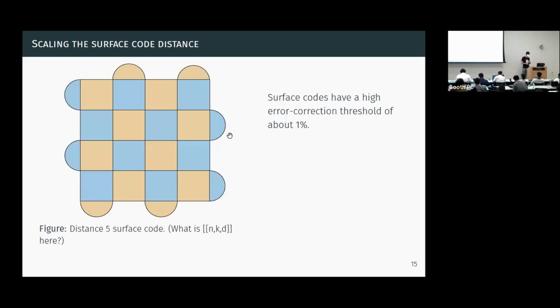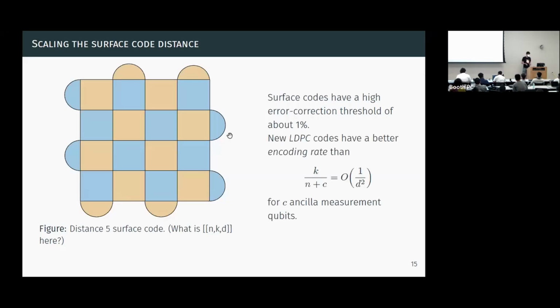An important factor these days is how these codes scale. In particular, these new LDPC codes have a better encoding rate, which is basically asking how many logical qubits can I encode per physical qubit when I scale it up. For the surface code, this is kind of poor, because we have order 1 over d squared logical qubits per physical qubit when we scale d.